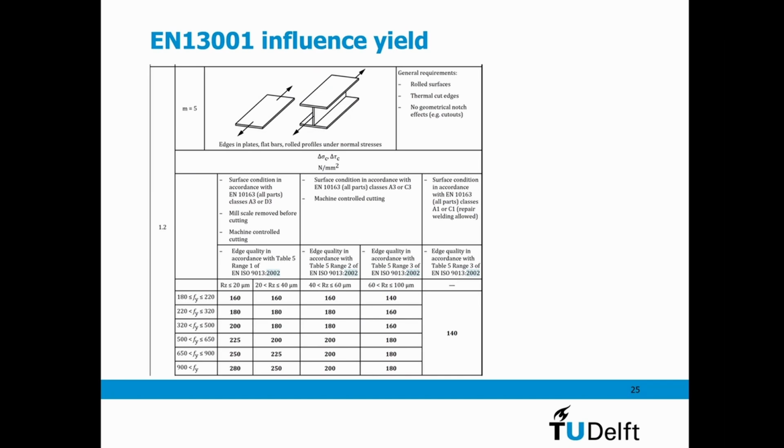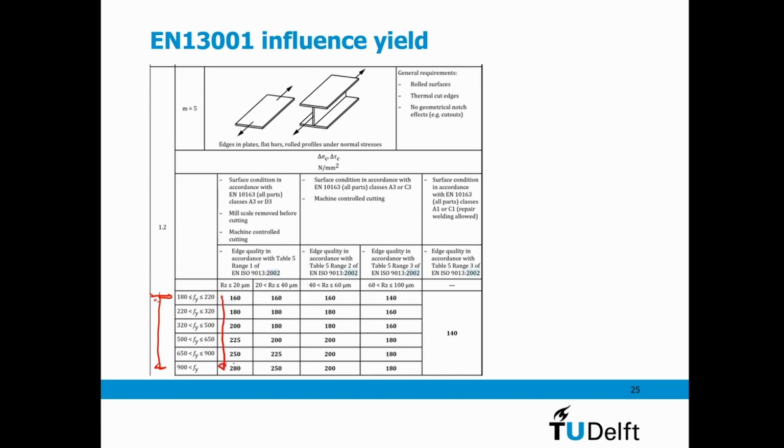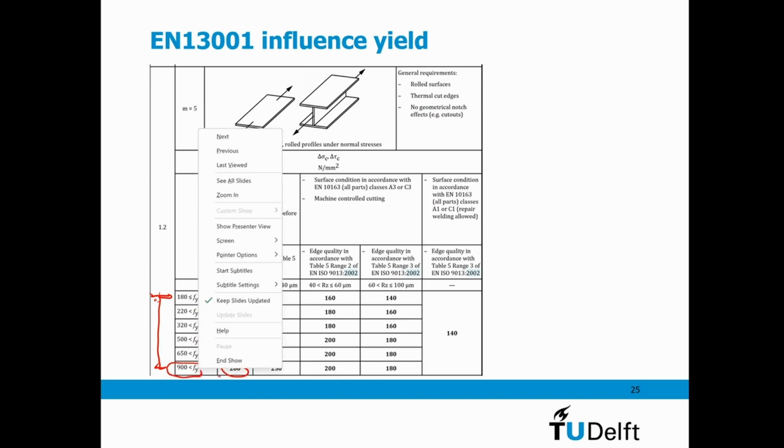But here you can clearly see that if I have a material with a yield limit, depending, if I increase my yield limit, the fatigue class increases up to 280. So that is a third of the yield limit.